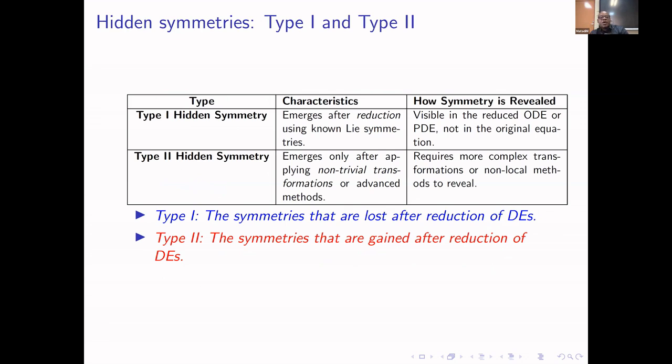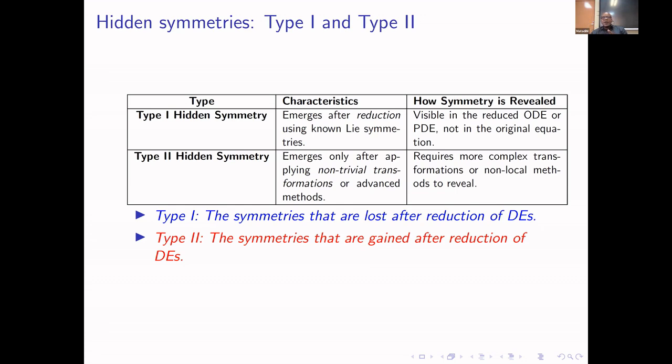For type 1, these are the symmetries that are lost after reducing your differential equation. You have your initial equation you are analyzing. You investigate it from the Lie symmetry point of view. You have a certain number of symmetries or transformations. Those symmetries will help you to reduce the equation.